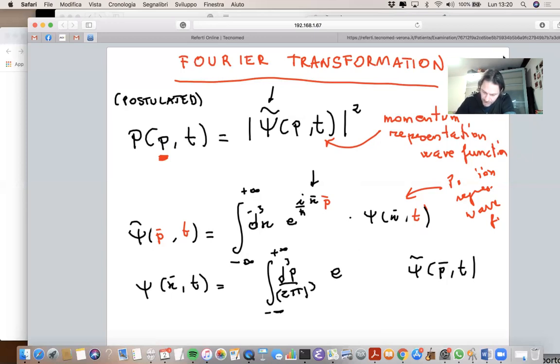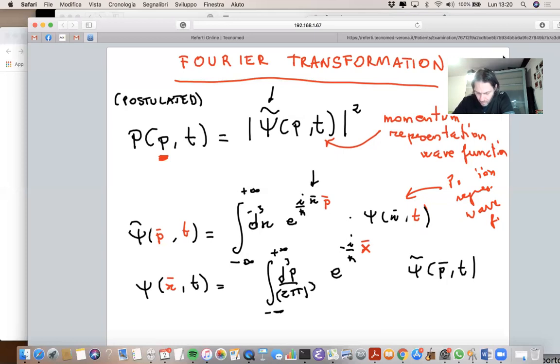Suppose we are interested in knowing the wave function at a given position x. That's the position where we want to evaluate the wave function.